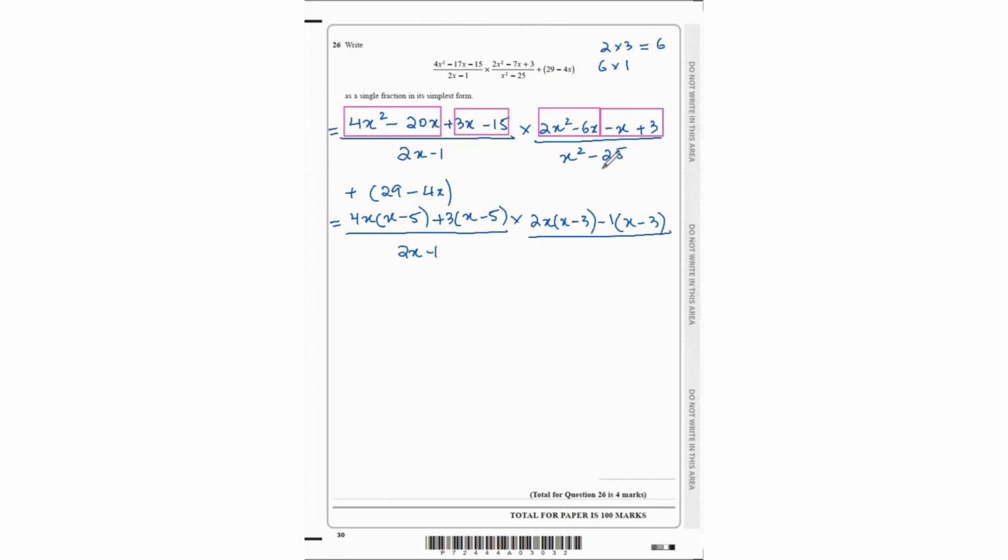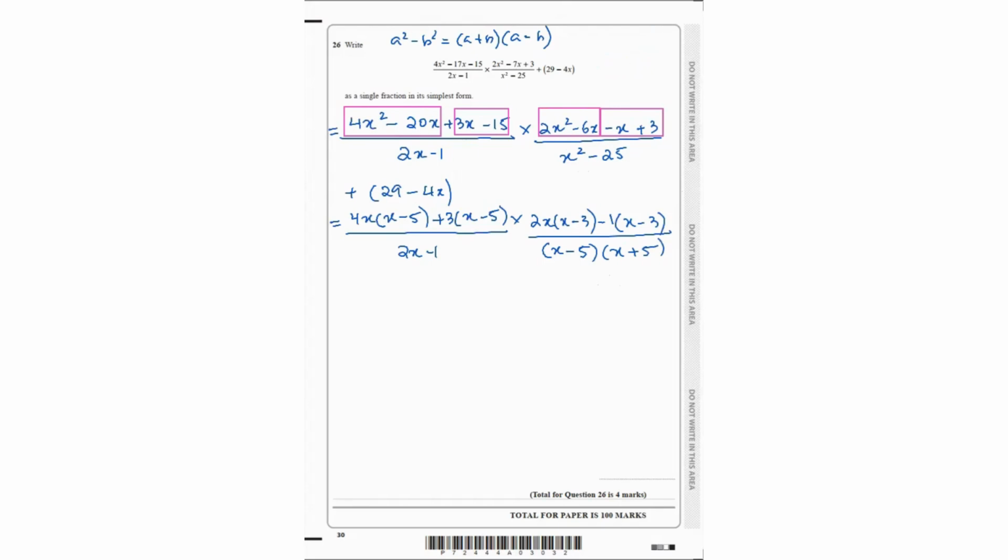Now over here, x squared minus 25. We will use difference of perfect squares. Why? Because we have two square numbers being subtracted. Whenever we have two square numbers being subtracted, we can simplify it. Difference of perfect squares is a squared minus b squared equals a plus b times a minus b.